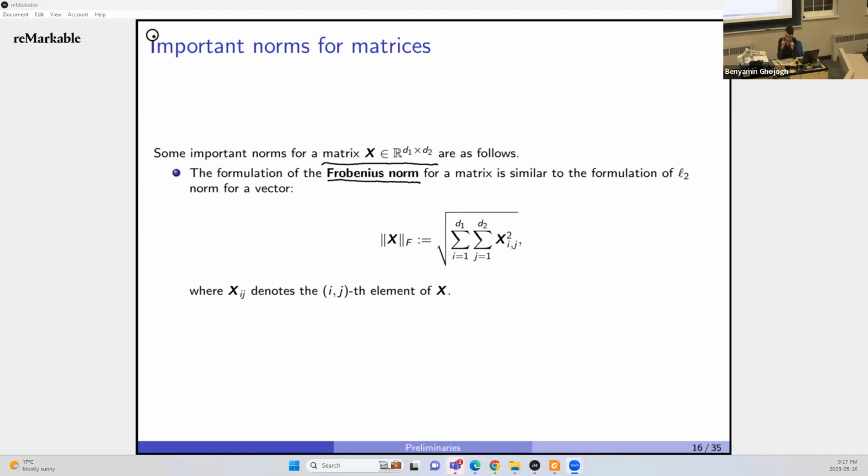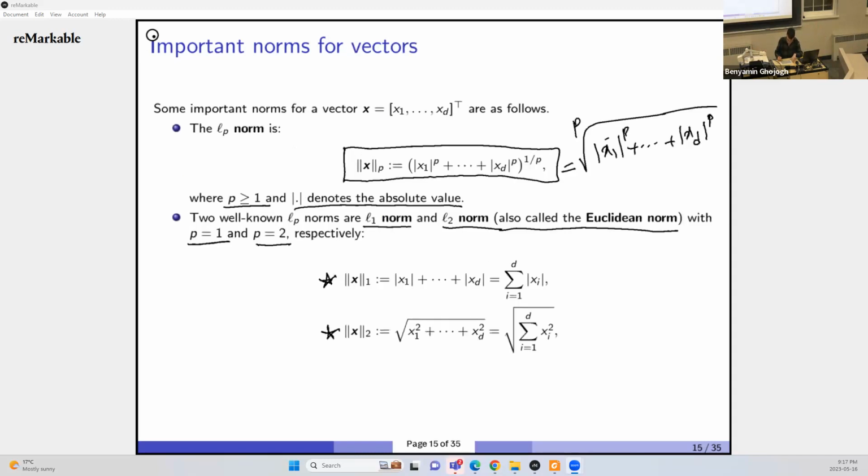By the way, don't confuse that. We have an L2 norm for matrices too. I'm not talking about it here. I think it's mostly used in pure math. Ignoring that, the formulation of the Frobenius norm is similar to the formulation of the L2 norm for vectors.